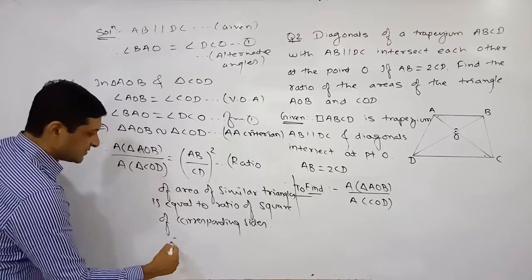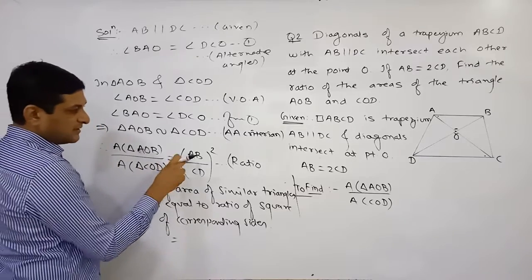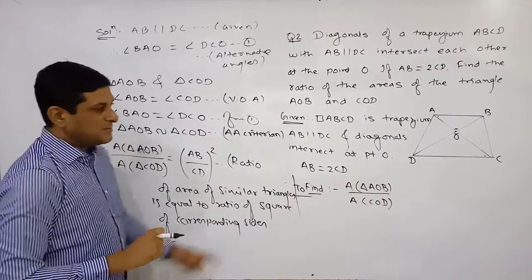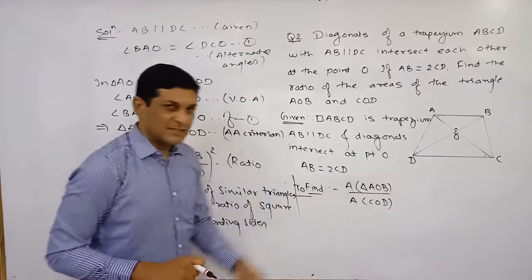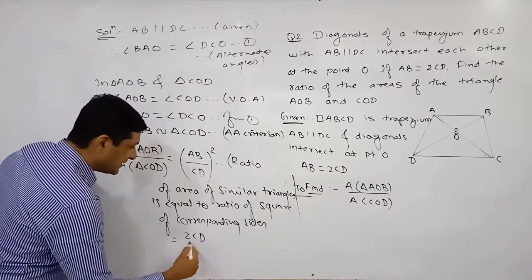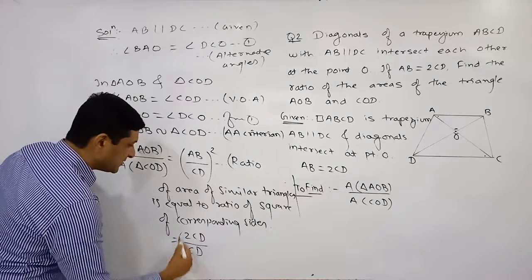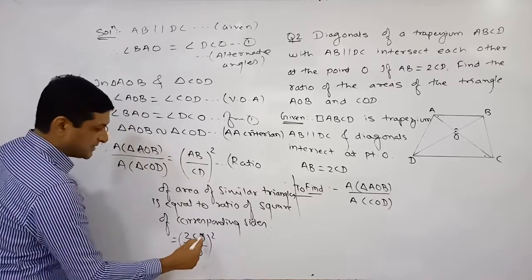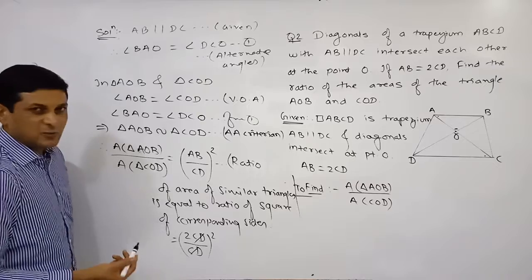So which is equal to, now in the numerator this AB can be replaced by twice CD. So simply I am replacing this AB by twice CD. In the denominator CD, keep it as it is, this whole bracket square also as it is. Here CD will cancel.